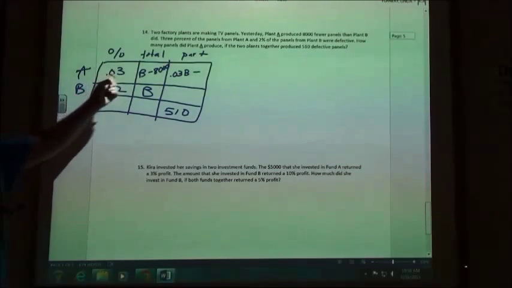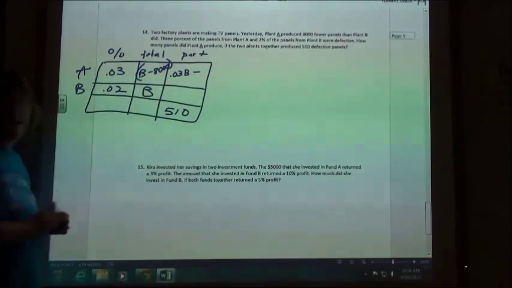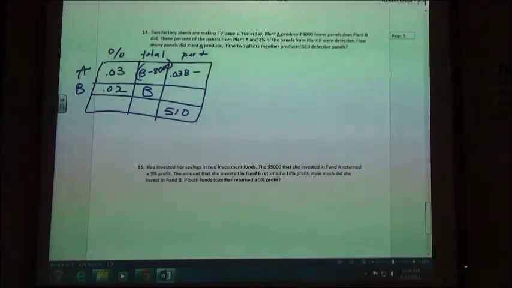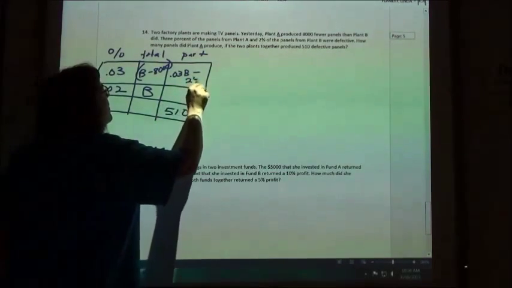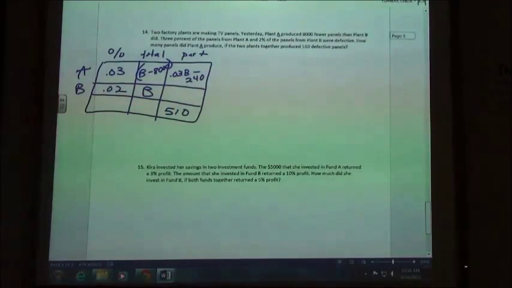If I multiply this out here, 0.03 times 8,000 is 240. So 0.03B minus 240 would represent the defective ones from A.